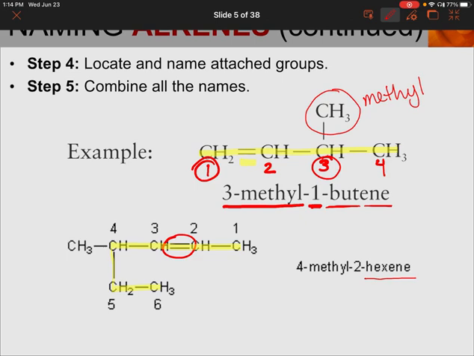So this would start at carbon 2. And then we have this branch or group coming off, and we can see that it's a methyl group, and it's on carbon 4. So that would be 4-methyl. And remember that the branches or groups that are attached to the main chain come before the main chain.